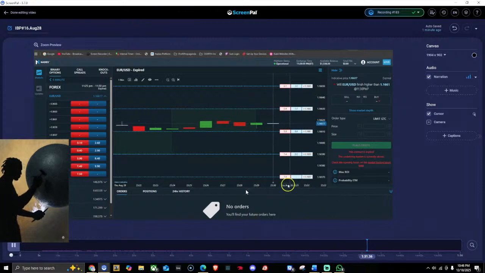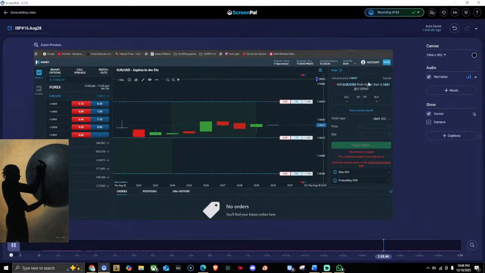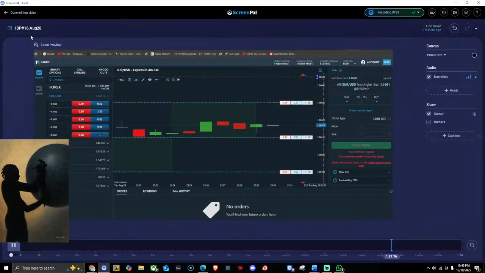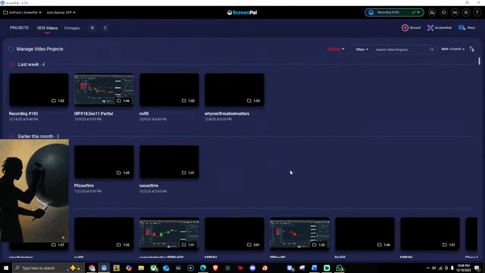But this one's another good demonstration. We still got filled, even though the pricing didn't show us that we would. Okay. All right, we got two more.